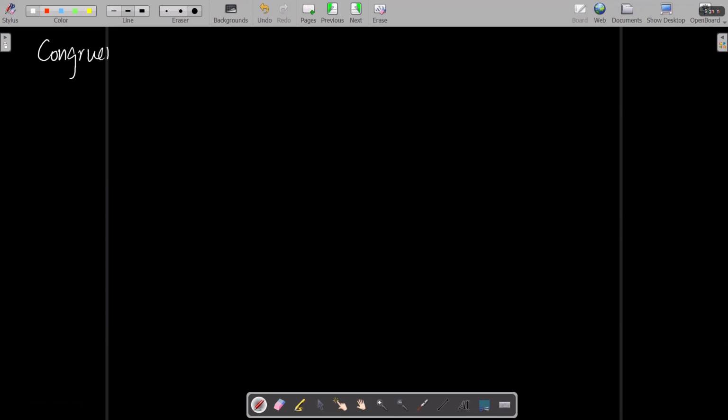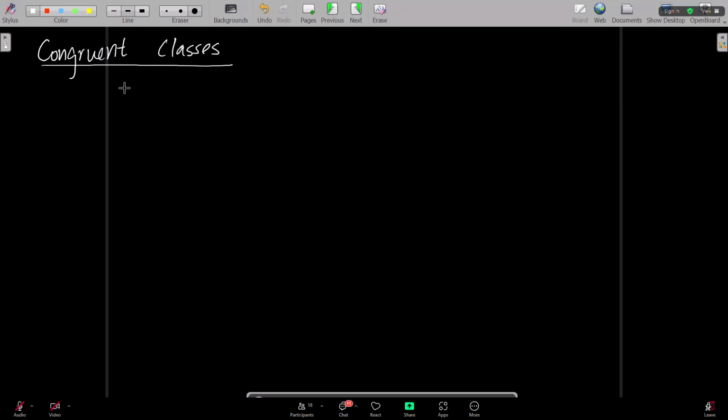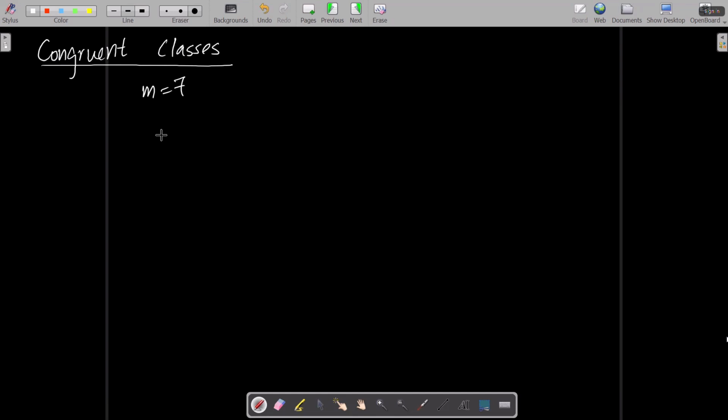Congruent classes. To describe this one, I will take M equals 7. It means I am trying to consider the modular with respect to 7. Mod 7.